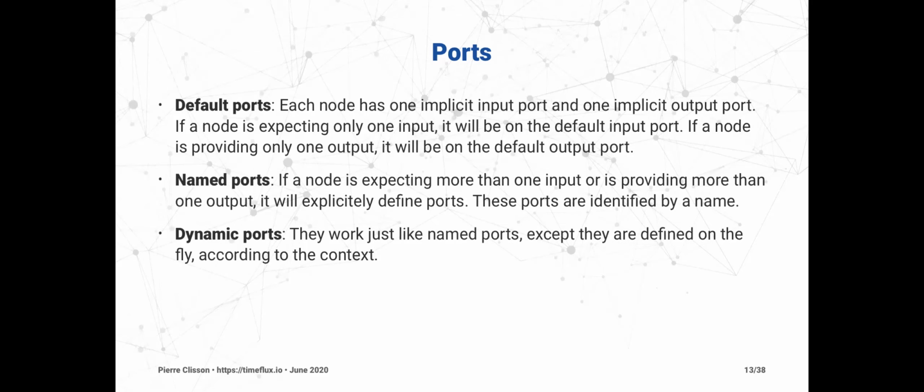Some ports are dynamic. That means they will destroy themselves after each update. One prime example of this is the epoching node.